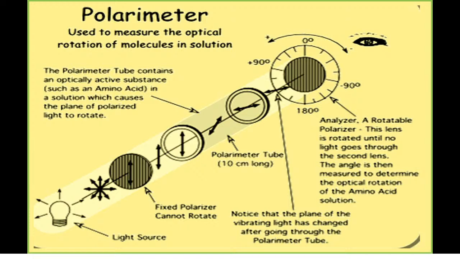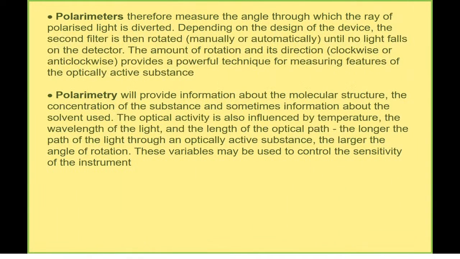This angle is determined here and used to calculate the concentration of the optically active substance. So polarimetry will provide information about the molecular structure: whether there are optically active substances or not, the concentration of the substance, and sometimes information about the solvent used.